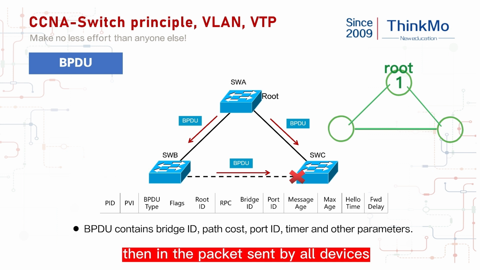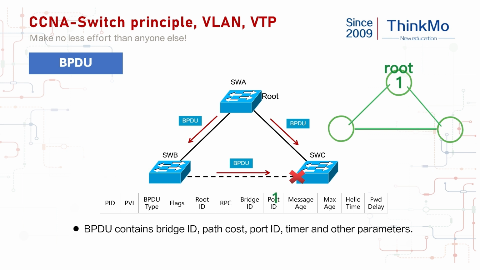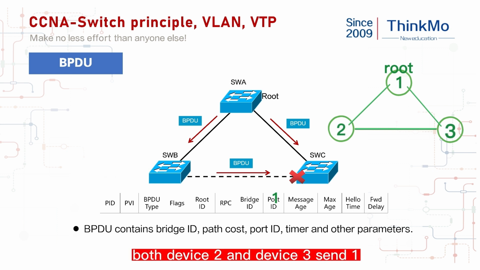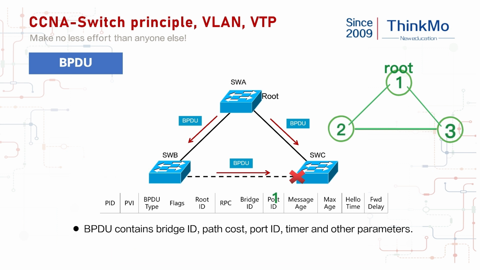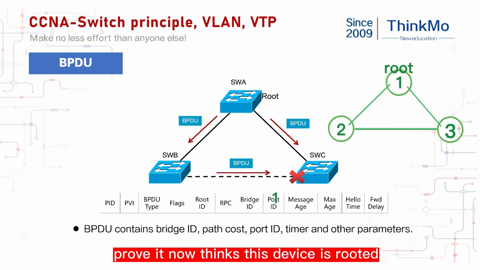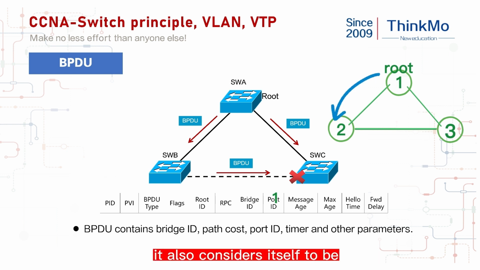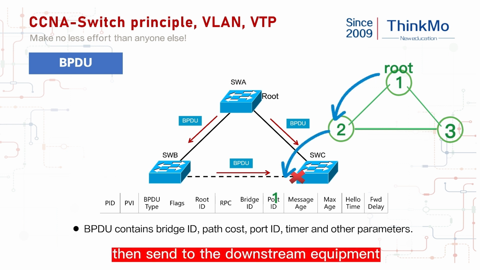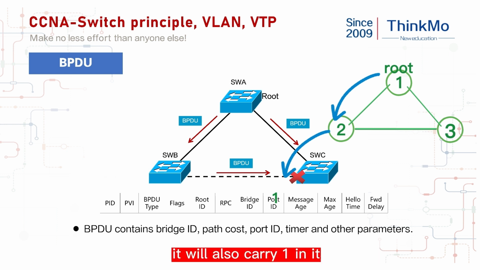Then in the packets sent by all devices, the root ID is 1. Both device 2 and device 3 send 1, which proves they think device 1 is the root. Device 2 also considers device 1 the root, and when it sends to downstream equipment, it will also carry 1 in it, so the downstream device also considers device 1 the root. STP relies on such BPDU messages to maintain the overall relationship.